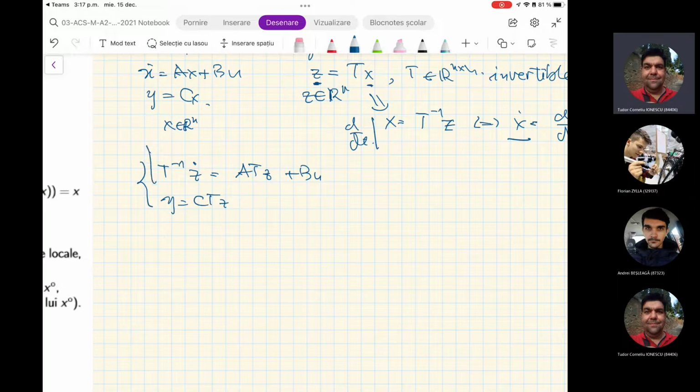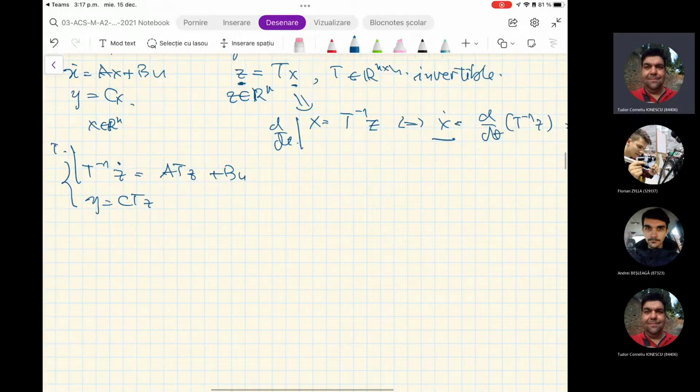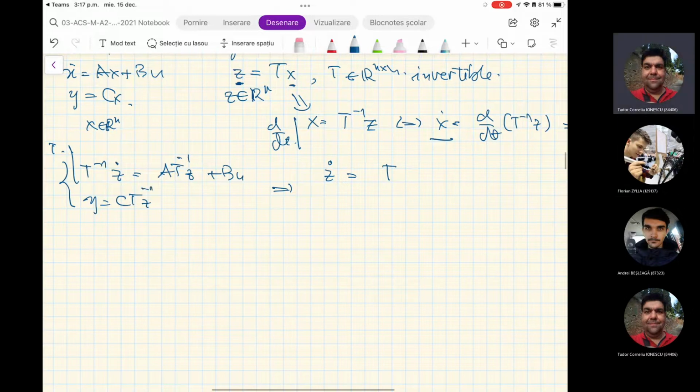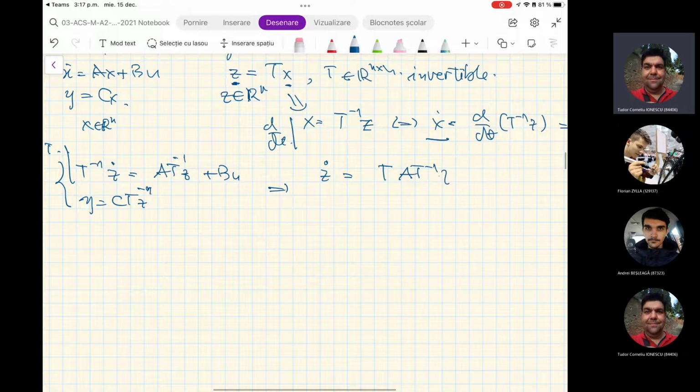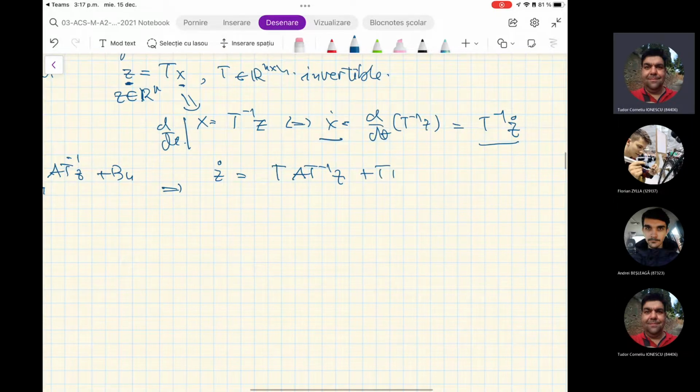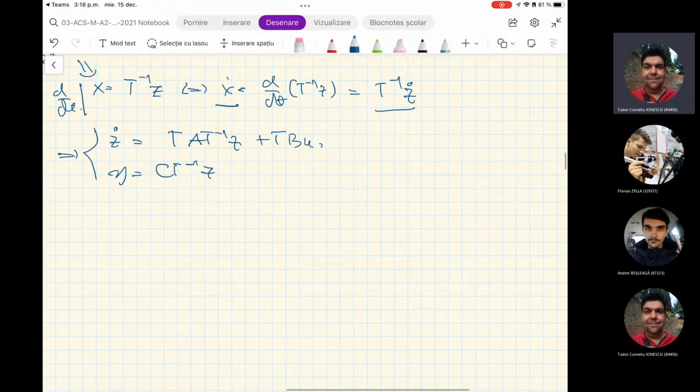Of course, since T is invertible, we can multiply this relation with T. And then you get that in the new coordinates, the system is z dot is T A T inverse z plus T B u, and y is C T inverse z.